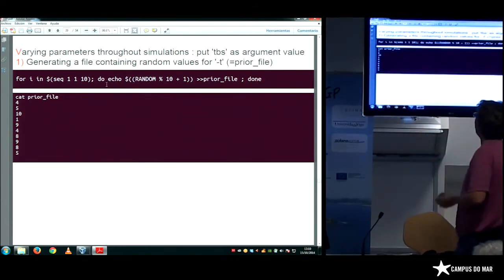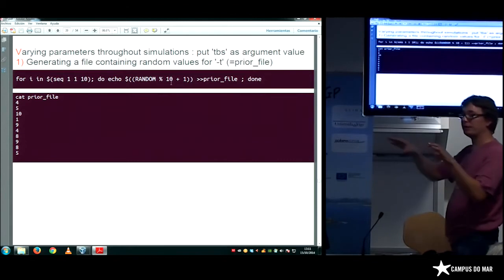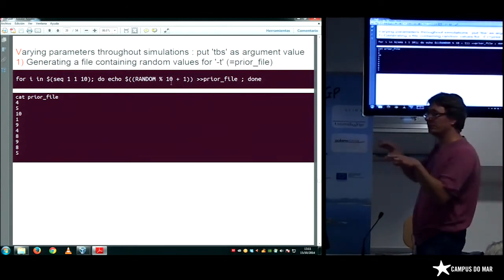You can ask for 10 values by this line, sampling in a uniform distribution between 1 and 10. So theta will be sampled between 1 and 10.